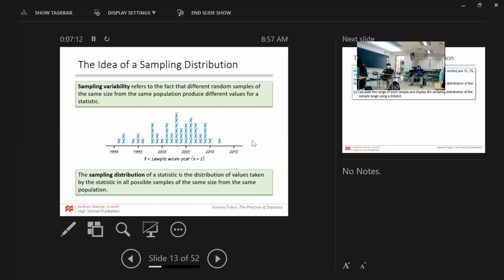Because of sampling variability, suppose we took a sample of size 5 and end up with this group. That's biased. It doesn't map onto the parameter. Does that make sense? So if you do this many times and you look at the distribution of those sample means, that would give you better information about the true mean.